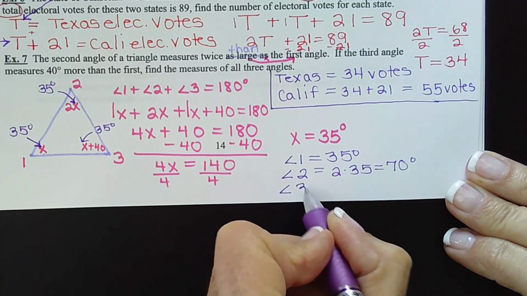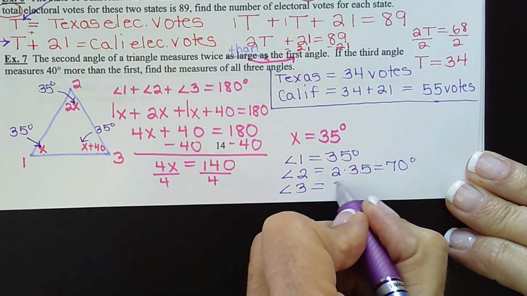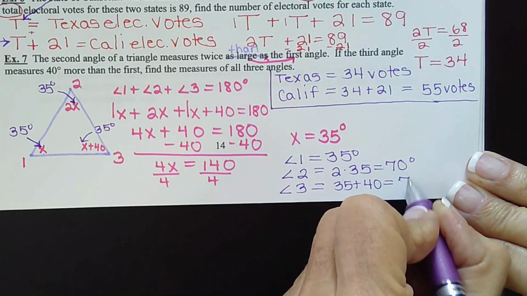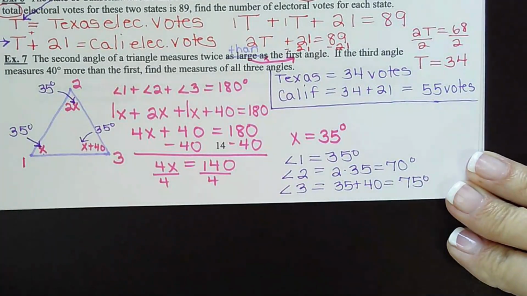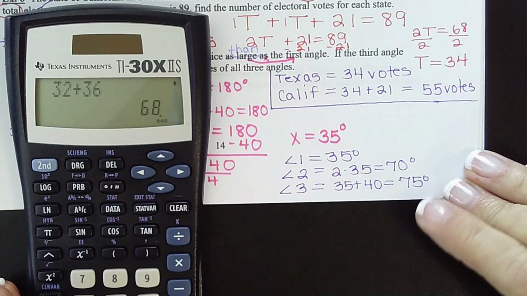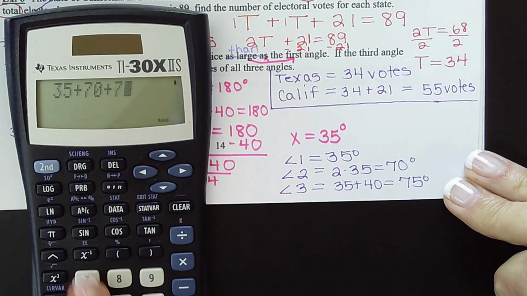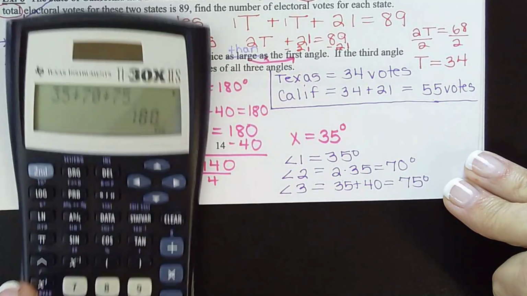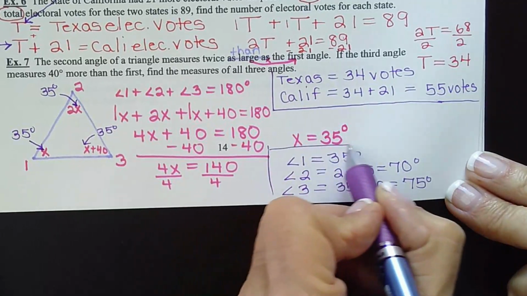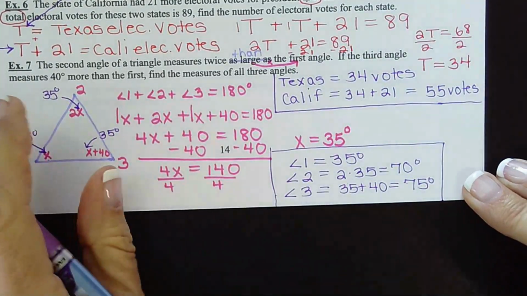And angle 3 is 35 plus 40, which equals 75 degrees. And then next thing I do is just make sure those three add up to 180. 35 plus 70 plus 75, boom. So there's my 3 answers. I really like that problem. It's a good one.